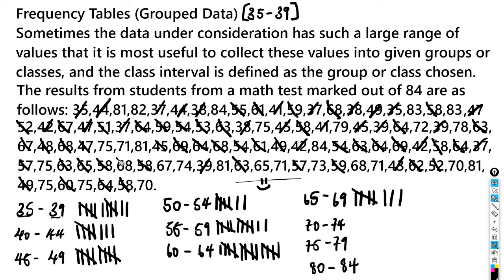Then a 68 here, so then I have 9. A 67 here, so that's 10. A 65 here, so that's 11. And a 68 here, so that's 12. And that's it, guys. This one is 12.